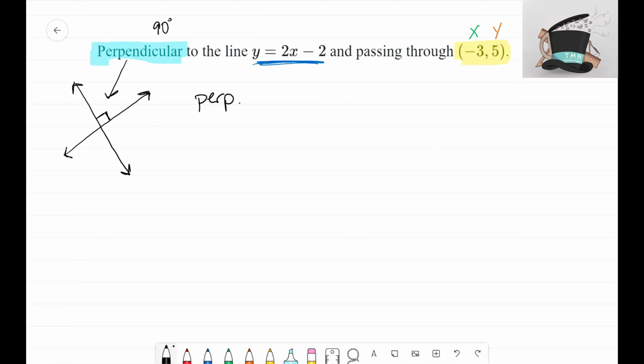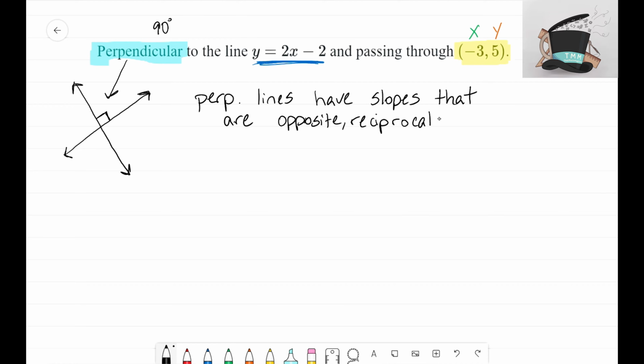Perpendicular lines have slopes that are, and this is the important part, opposite reciprocals. So if I know the slope of one of the lines, I can find the slope of the other line very quickly.